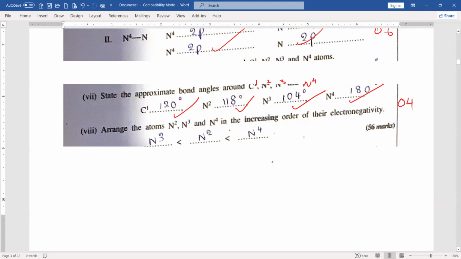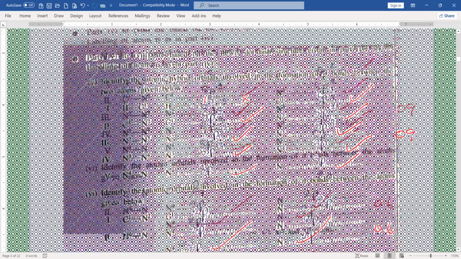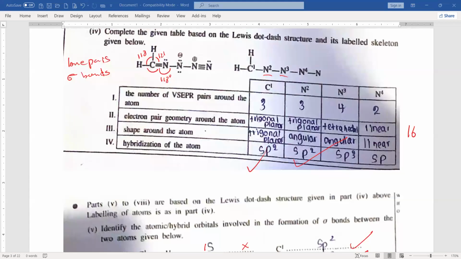And arrange the atoms N2, N3, N4 in increasing order of the electronegativities. So how? First, I will copy it and see what we can do with that.